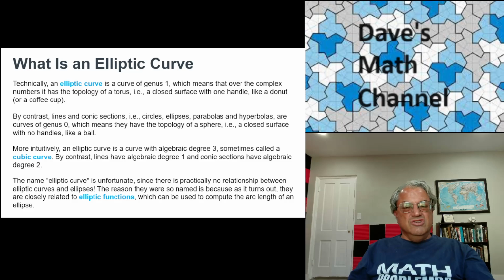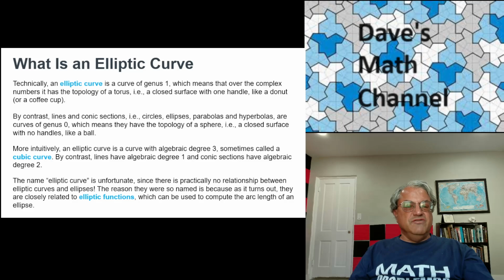And the reason they're called elliptic curves is a historical reason. Because in the 19th century, there were some mathematicians who were trying to find a formula for the arc length of an ellipse, which is a very complicated calculation. But it turns out that you can actually find an analytic expression for the arc length of an ellipse in terms of these special functions called elliptic functions.